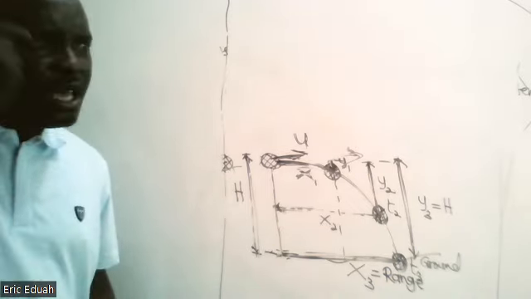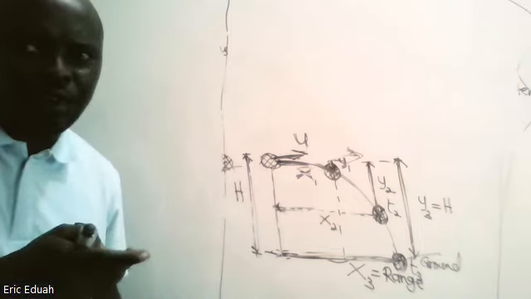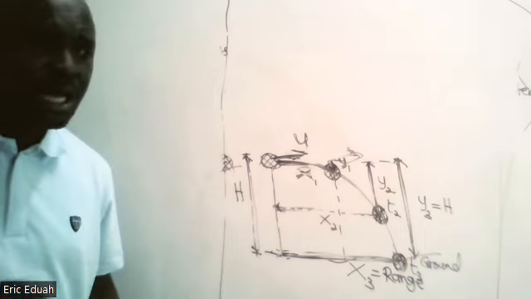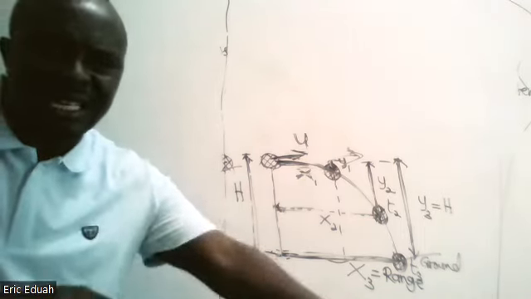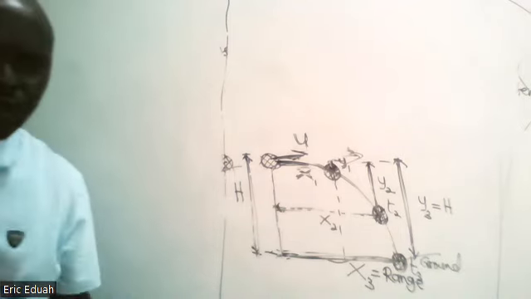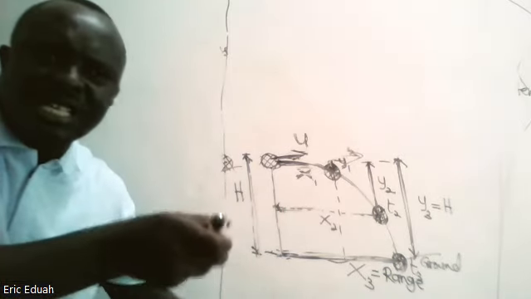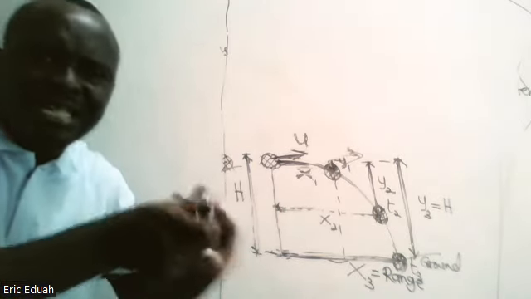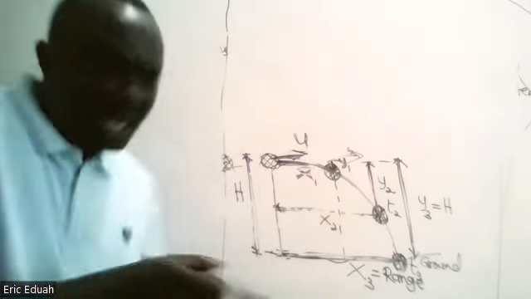Imagine yourself on the second floor of a story building, throwing an object to a friend standing down. Initially, the object is thrown with an initial velocity, and that velocity is purely horizontal.